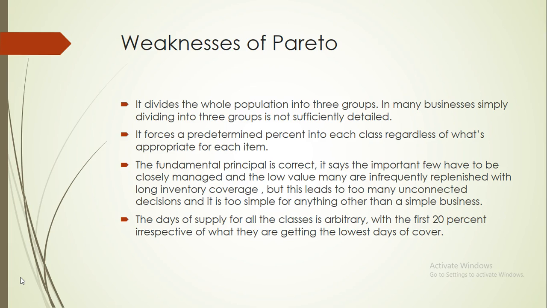The first weakness of Pareto is that it divides the whole population into three groups. In many businesses, simply dividing into three groups is not sufficiently detailed. It forces a predetermined percentage into each class regardless of what is appropriate for each item.